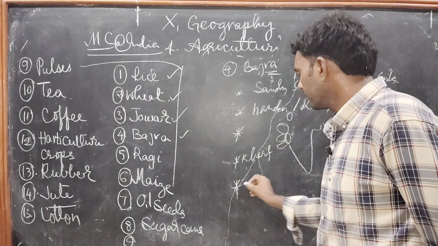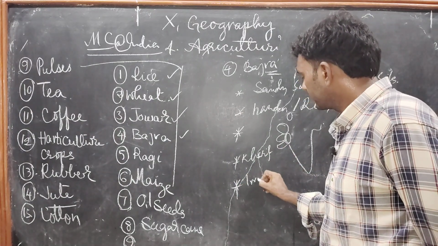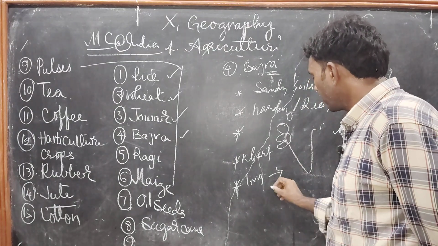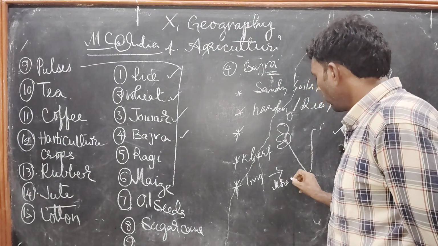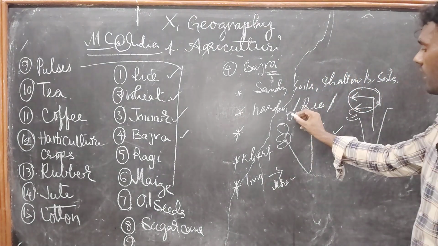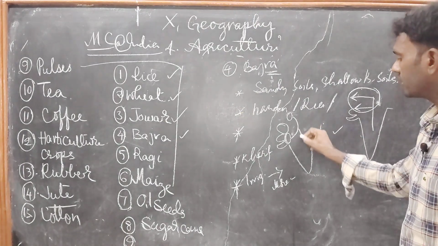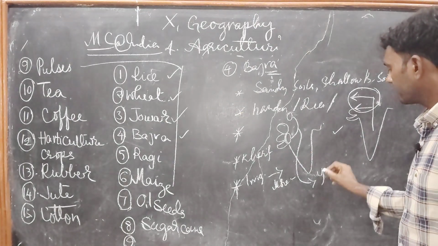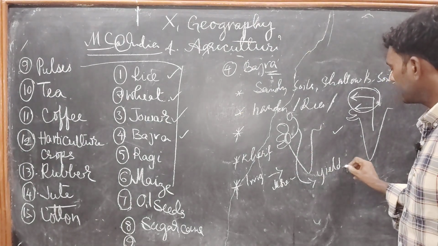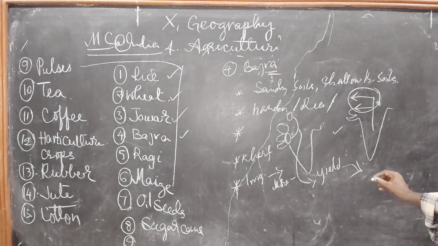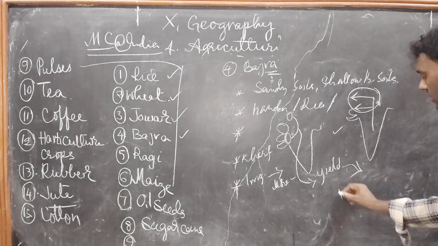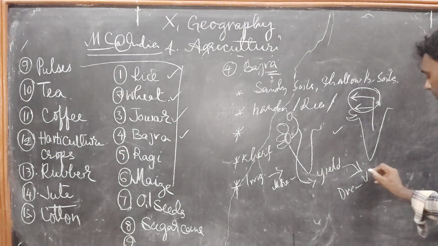If you provide irrigation, it gives more yield. So what happened here? In Haryana and Gujarat area, the yield is increasing day by day, because they are using drought resistance varieties.